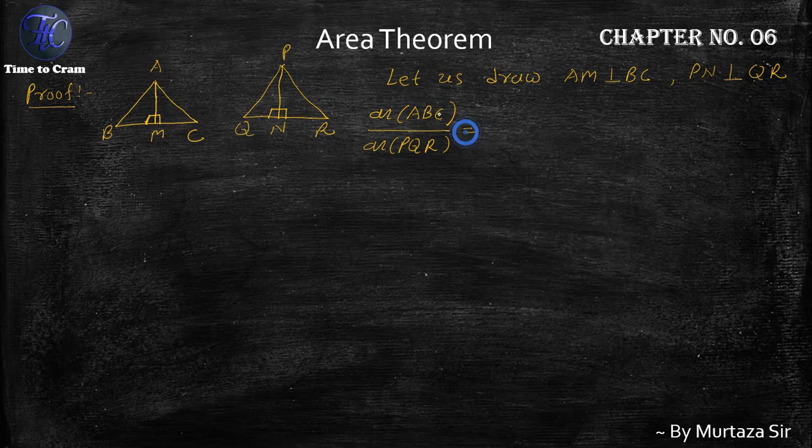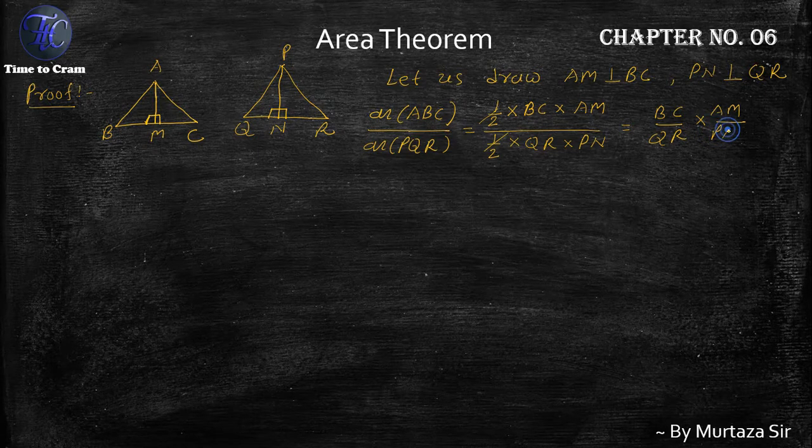We know the area of ABC: we have the altitude already, so we can take the formula half base BC into altitude AM, divided by half, in triangle PQR, base QR, altitude PN. So we get the result BC upon QR multiplied by AM upon PN. This is our first result, result number 1.